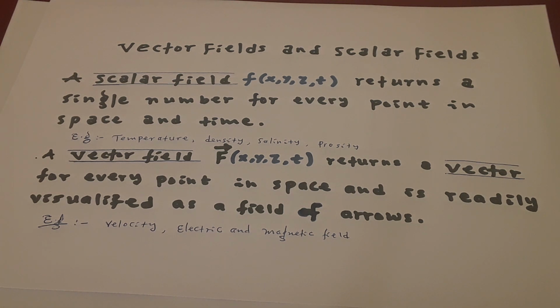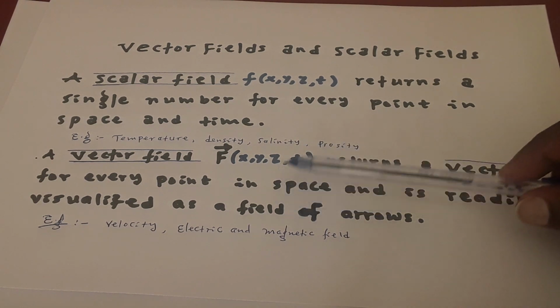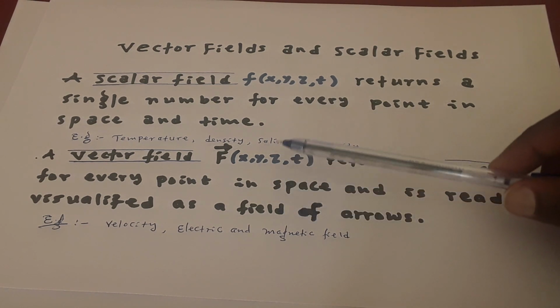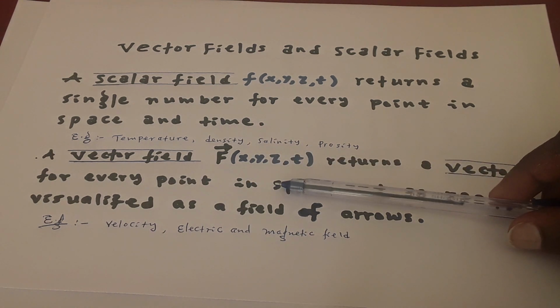We can readily visualize it as a field of arrows. That's the distinction between the vector and scalar field. Conveniently, this is the notation for vector fields generally.